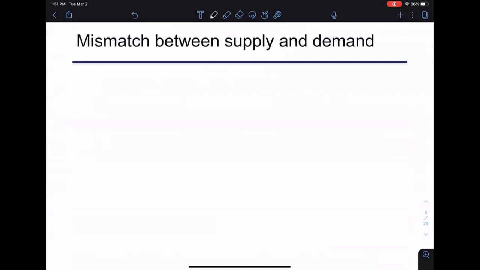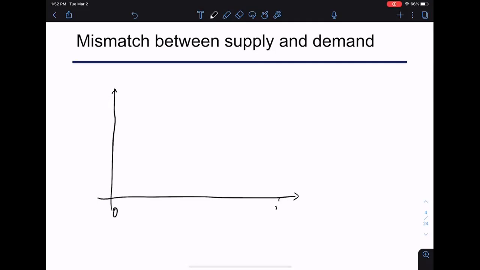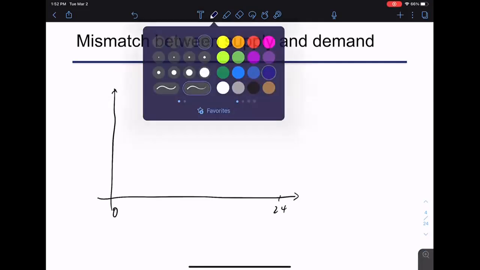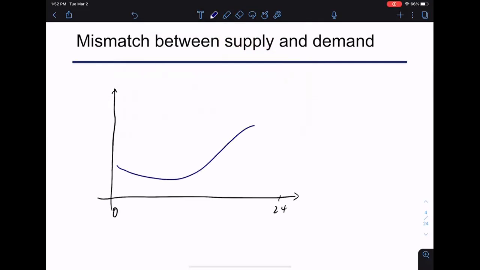The main issue with solar, and even wind, is that you have a mismatch between supply and demand. If you look at a typical or aggregate demand curve, where this is 0 hour and this is 24 hours, the demand curve looks something like this.